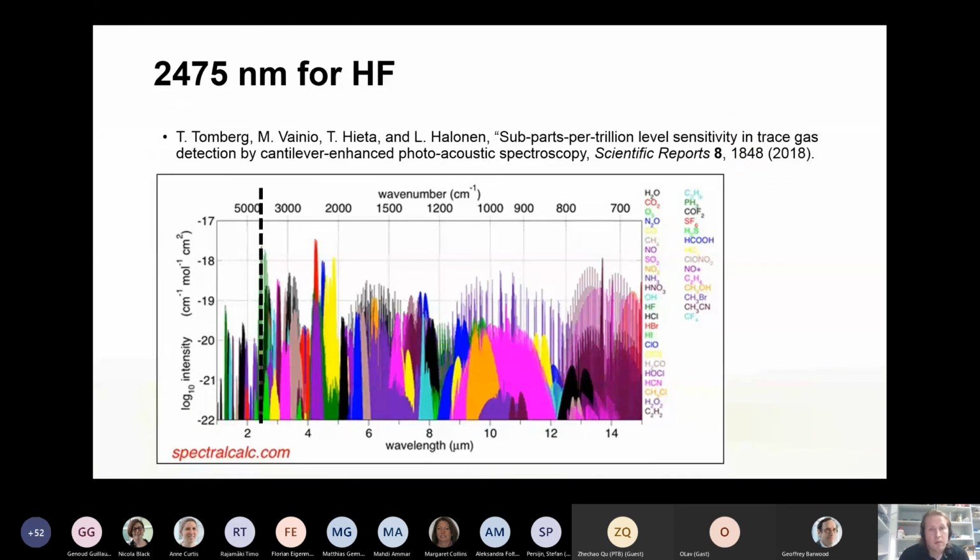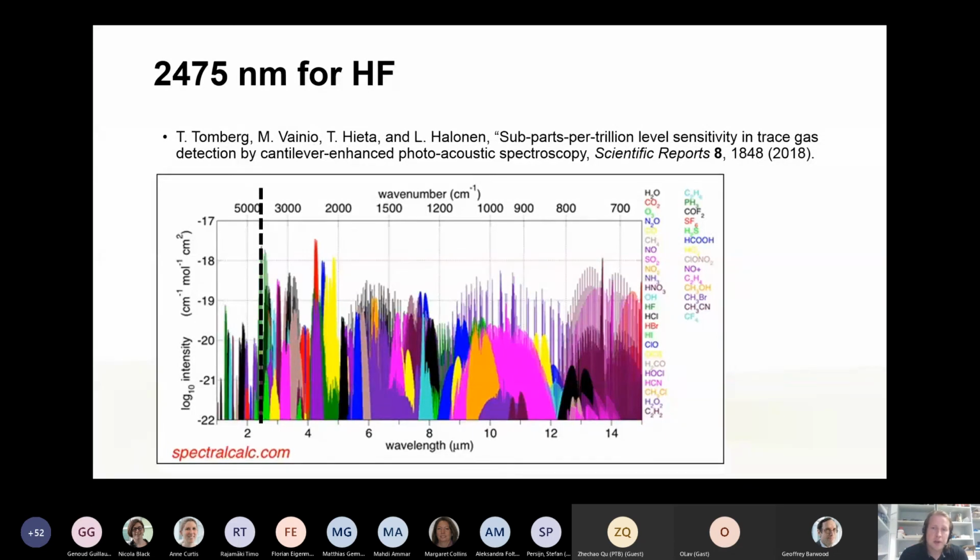So let's move on to a region that is not that often used in gas sensing. It's still an interesting region, mainly because it has hydrogen fluoride, and hydrogen fluoride has very strong and well isolated transitions in this region.